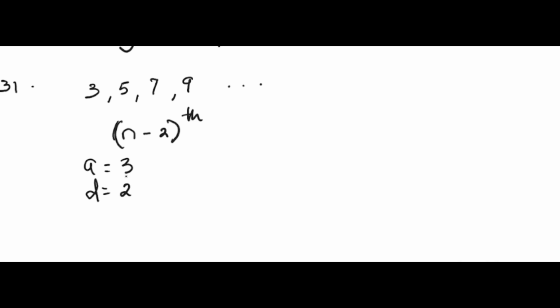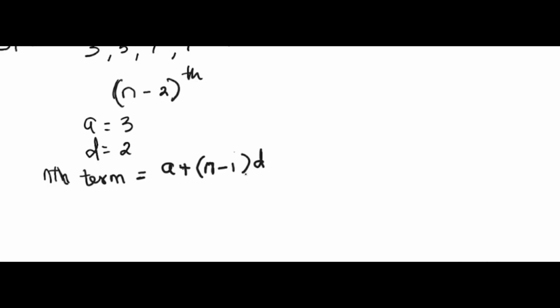So it means that generally in this sequence, for any nth term of this sequence, we would have, how was 7 gotten, for instance? 7 was gotten by A plus... So now for every nth term, we have A plus n minus 1 times d rather.